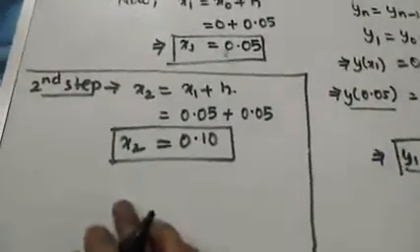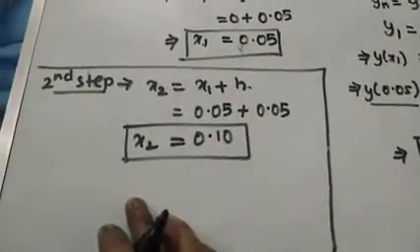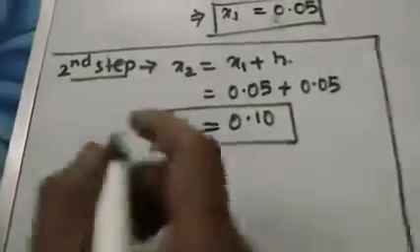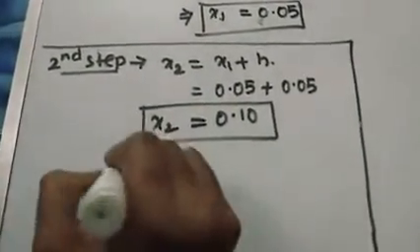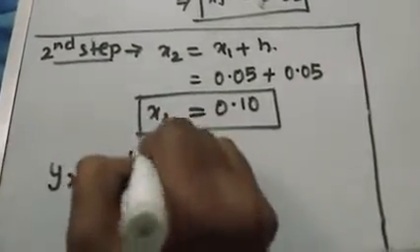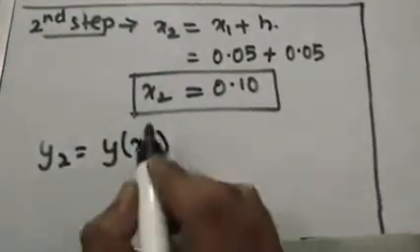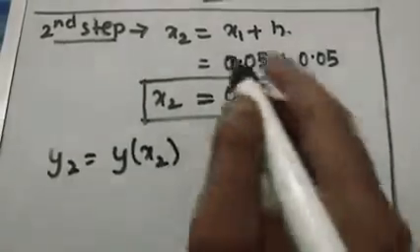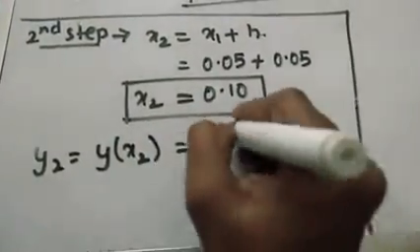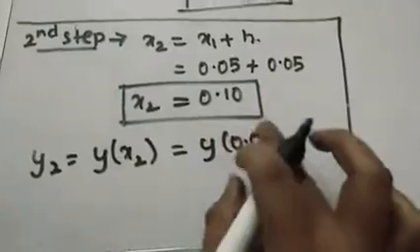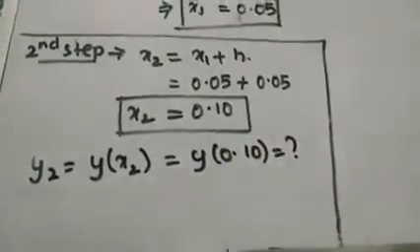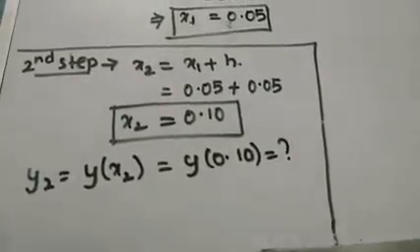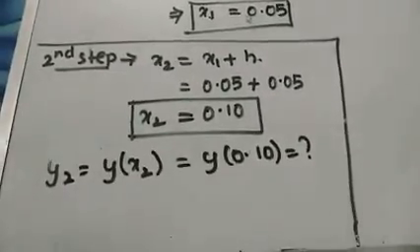And respective of that, we have to find our y2. y2 means y of x2, right? What is the x2 value? 0.10. So here we will find y of 0.10.